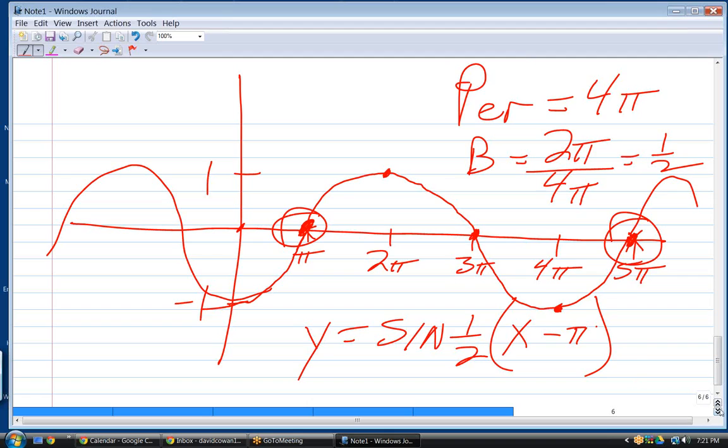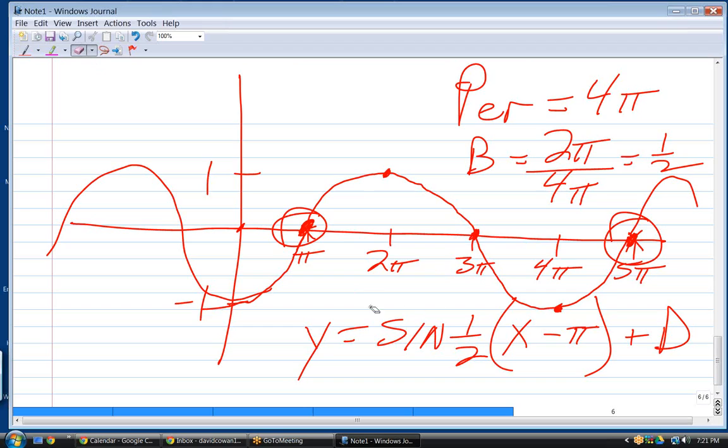Okay. And let's just talk about d, because the fact that you have a c here leads me to believe you may actually have d. All d does is vertically shift it up or down. It does not change the shape.